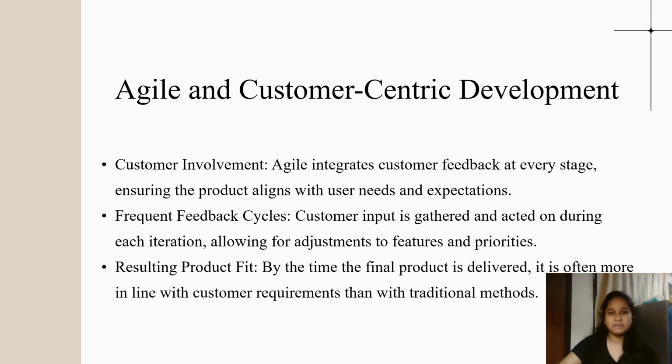Coming to frequent feedback cycles, customer input is gathered and acted on during each iteration, allowing for adjustment of features and priorities. Coming to the resulting product fit, by the time the final product is delivered, it is often more in line with customer requirements than with traditional methods.